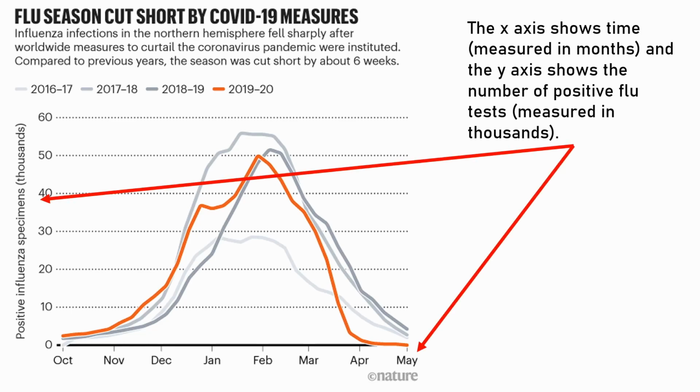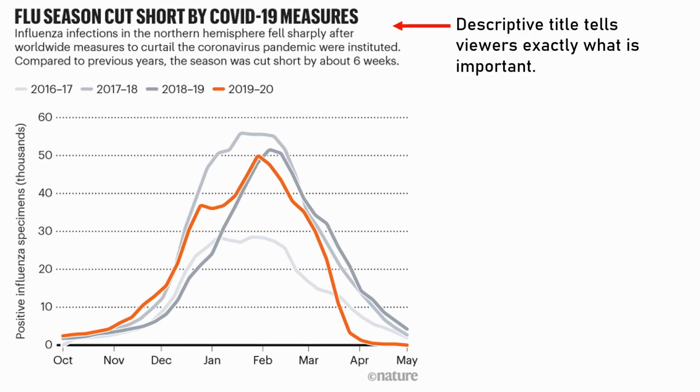Across the x-axis, we have the months of the flu season, and on the y-axis, we have the number of flu cases. We have a descriptive title that tells people exactly what the takeaway message of this graph should be. It doesn't just say differences in flu cases across 4 years, it specifically said flu season cut short, drawing our attention to how the 2019 to 2020 flu season was different from the others.